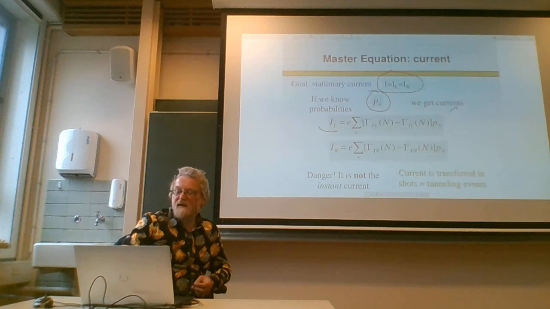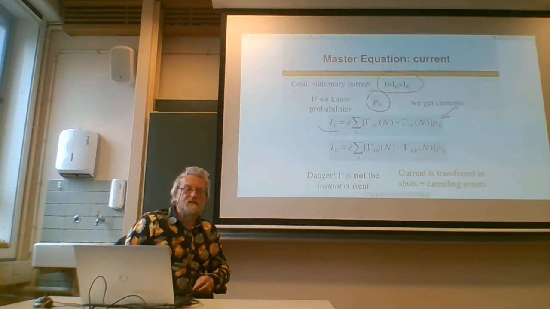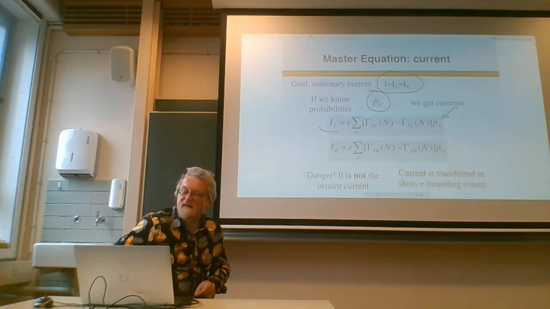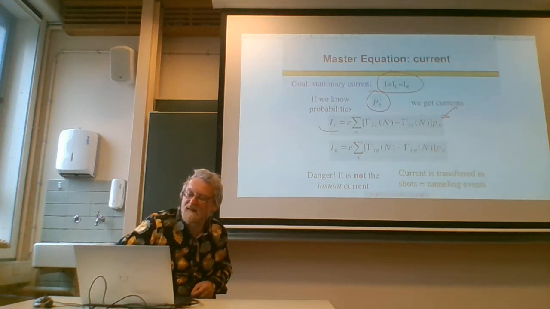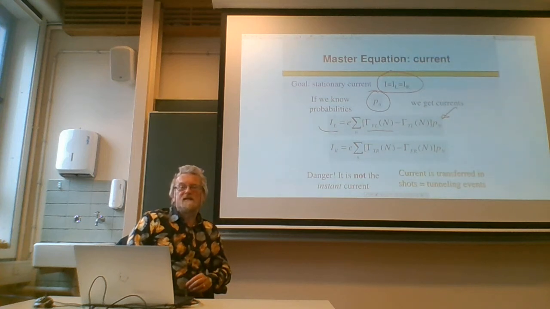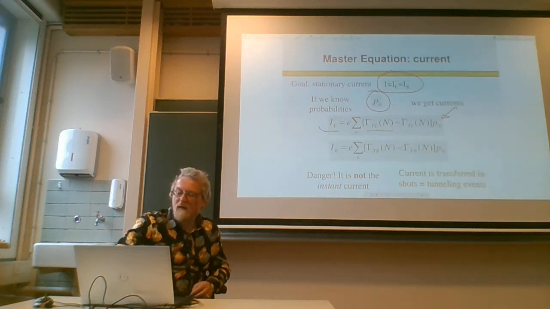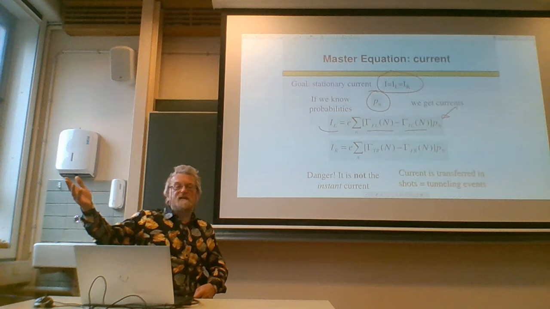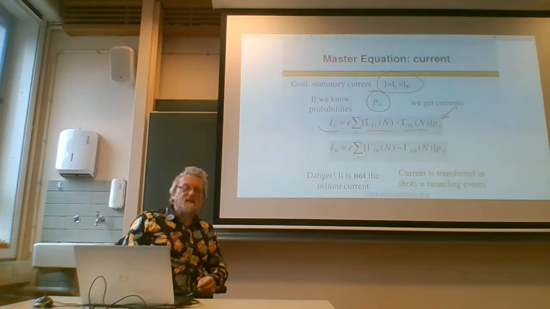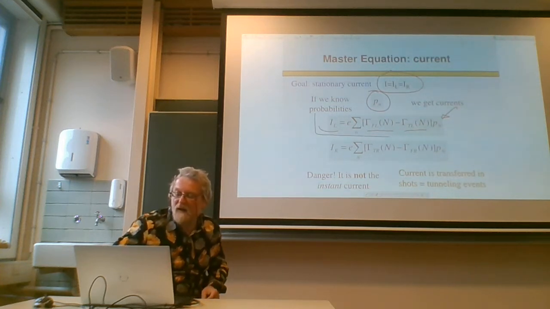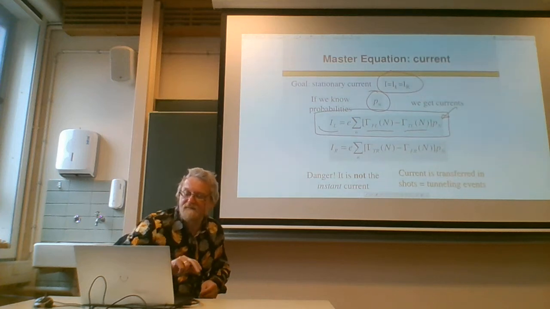There's some probability for the system to be in the state n, and in this state we have the rates that contribute to the current with a plus sign. We have transfer from the left, transfer in the opposite direction to the left will come with a minus sign. Everything is logical, and we sum up over all possible n.